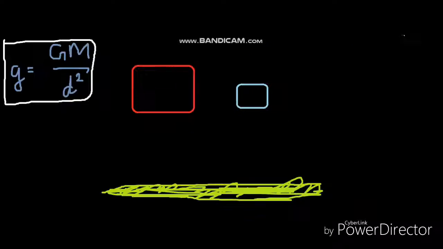This equation gives us an interesting fact, and that is, if we have two objects, suppose the first object has a mass of 10 kilogram and the second object has a mass of 1 kilogram.